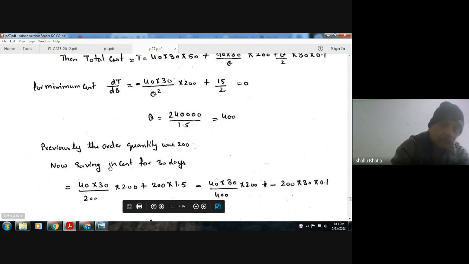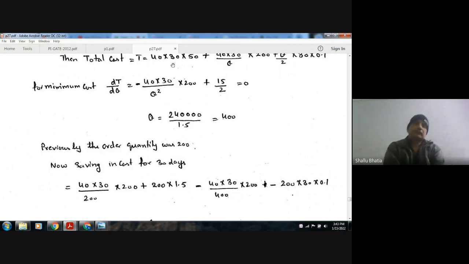Now the total cost will be this. For total variable cost, we will exclude the unit price term, because it is not included in minimizing cost.